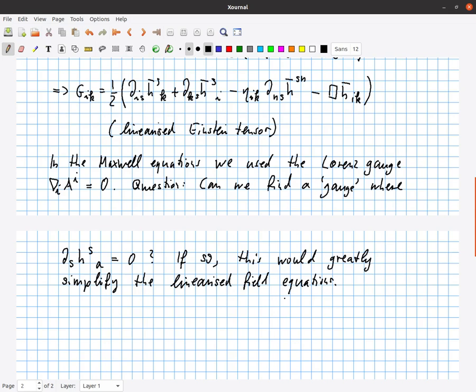And this is precisely the topic of the next section, making these gauge transformations and explaining what it means to speak of a gauge transformation in this context.